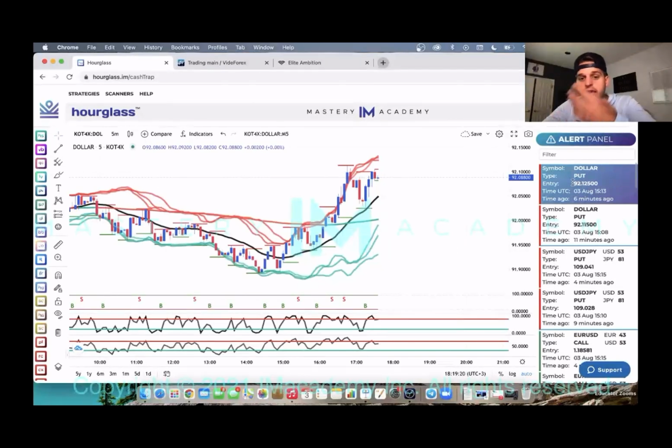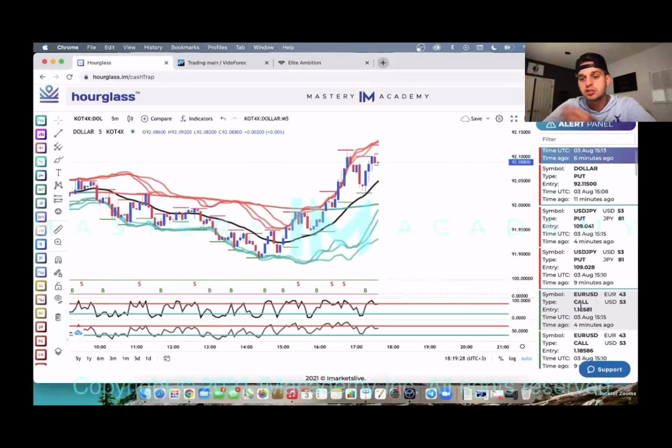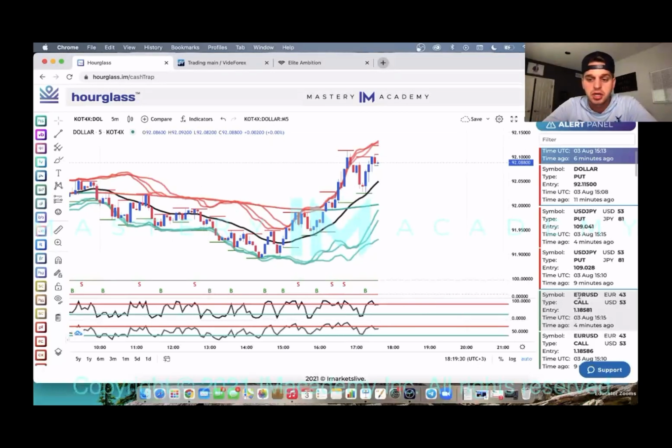If the dollar is about to gain a lot of strength, US dollar is the first pair, I'd guess that it's going to overpower the Japanese yen. If the dollar's gaining a lot of strength and we're trading Euro USD, the US dollar will most likely overpower the Euro, which is the first pair, and pull price down.